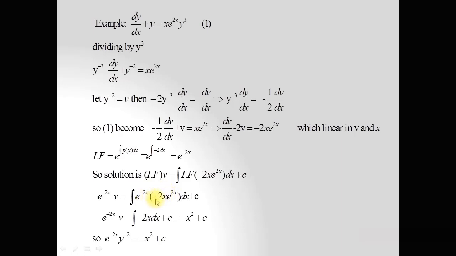So we have the integral of -2x dx, and the integral of x is x^2/2. The 2s cancel, so we have -x^2 + c. So the solution is e^(-2x) v = -x^2 + c. Now replacing v by the substitution y^(-2), we have the solution e^(-2x) y^(-2) = -x^2 + c.